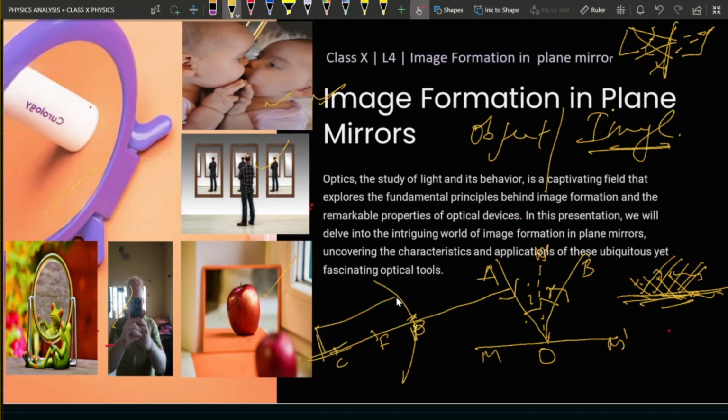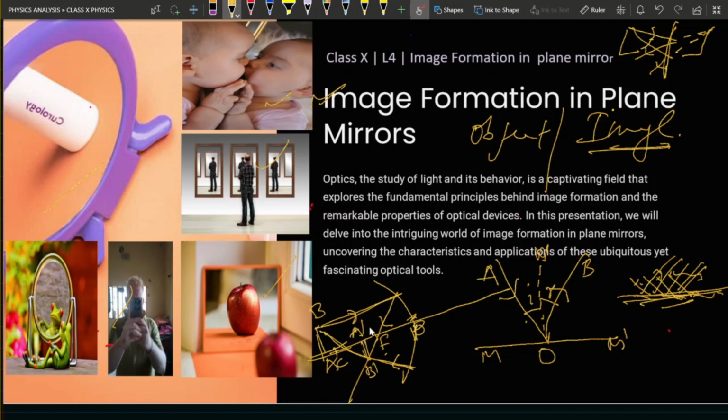A light ray going parallel to the principal axis will go after reflection passing through the focus. Another ray passing through the center of curvature will reflect back in the same medium, and here they will meet. If this is object AB, then this will be image A dash B dash, right?